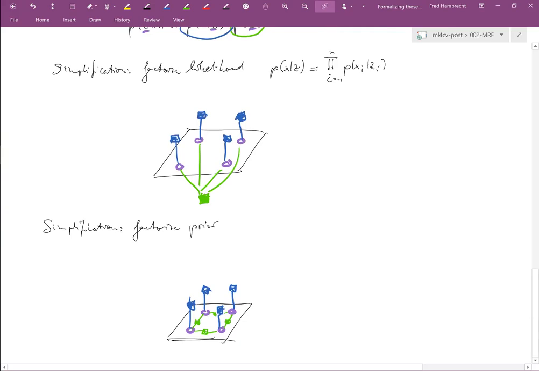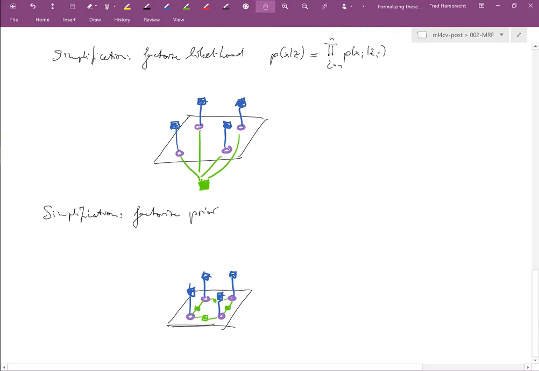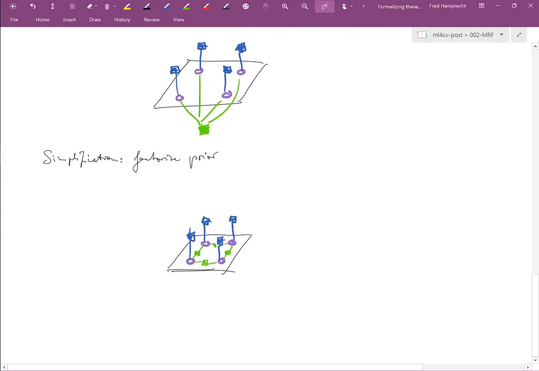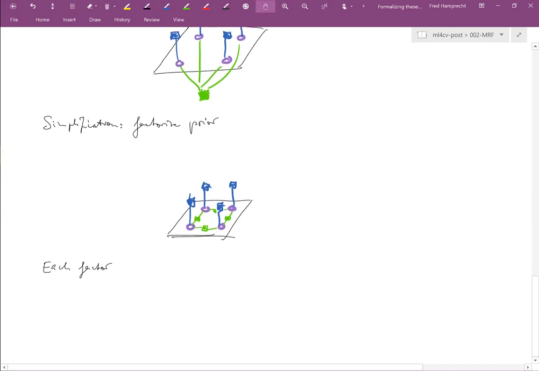They act on the same graph. And in this graphical way of summarizing my model, I will endow each factor with edges that connect it to its argument.